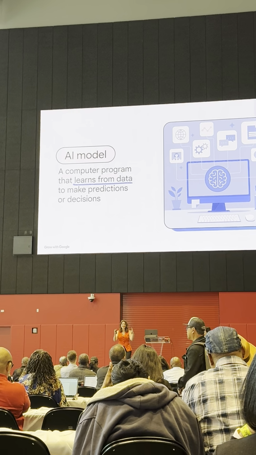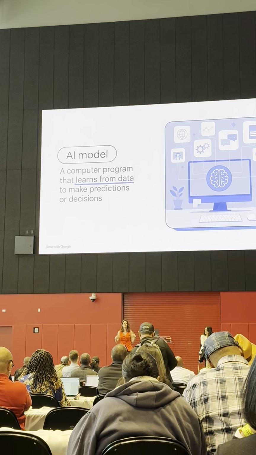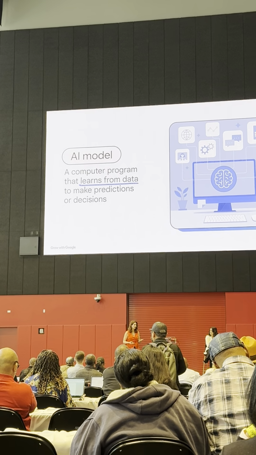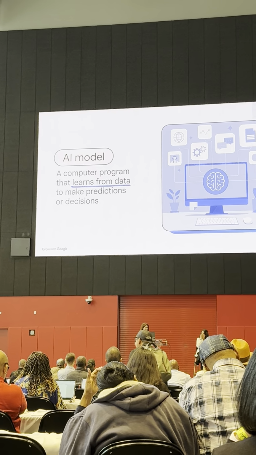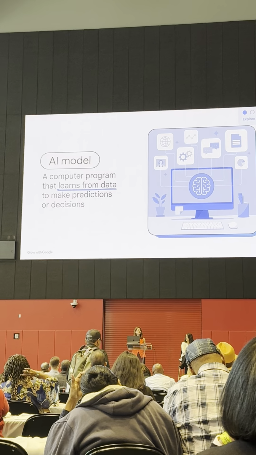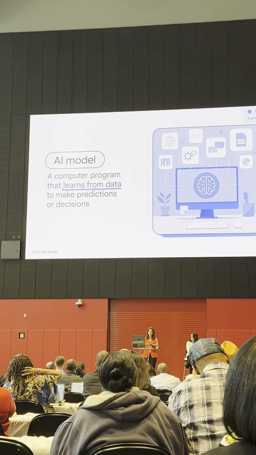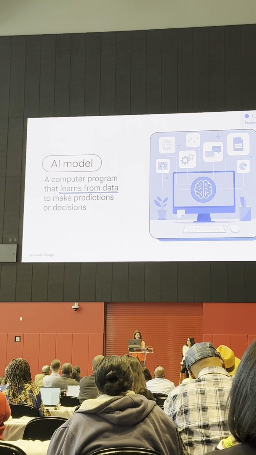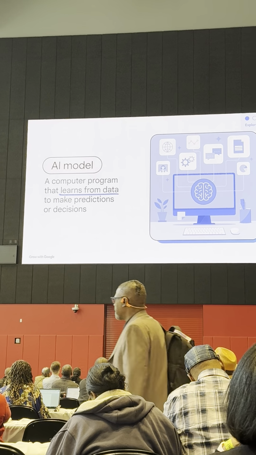But with AI, it's going to start learning based on the data that's put in. And the more it has and the more it learns, the better that information and that output is going to be. It's that learning ability that makes AI so powerful. And this predictive technology is what we call a large language model.